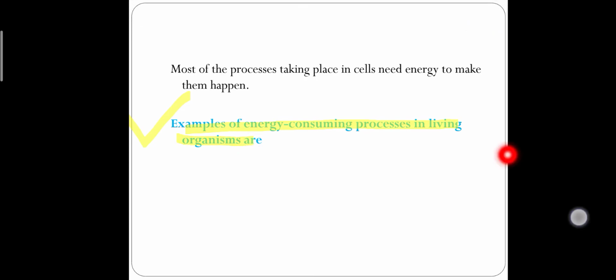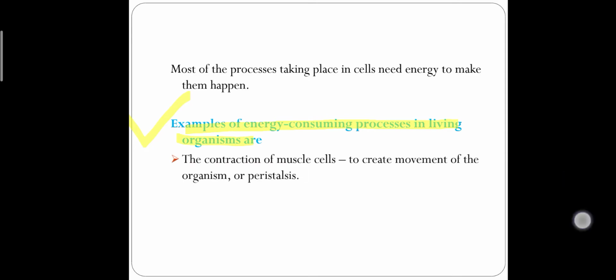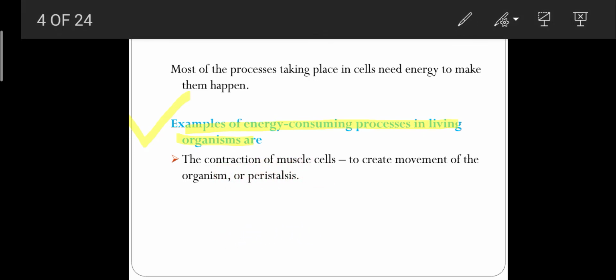The first process is the contraction of muscle cells. Contraction of muscle cells creates the movement of the organism or peristalsis.